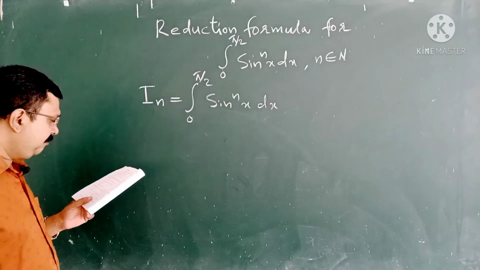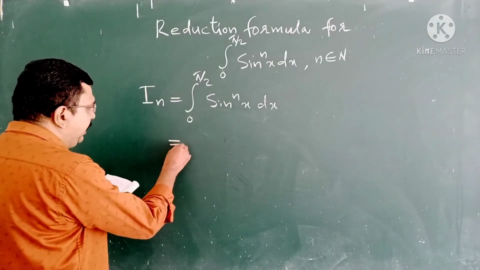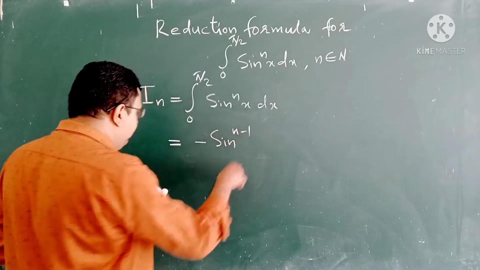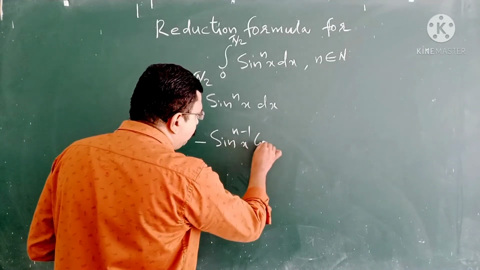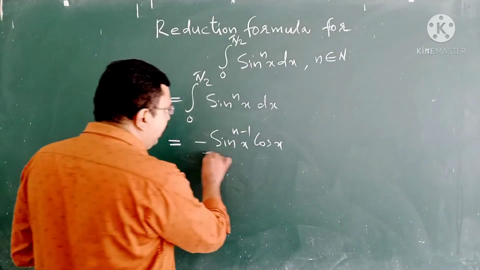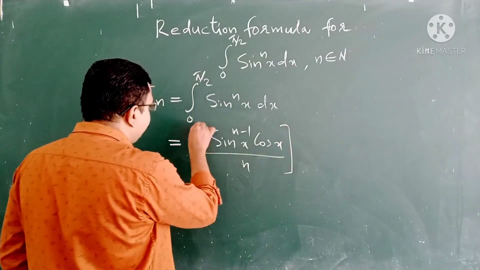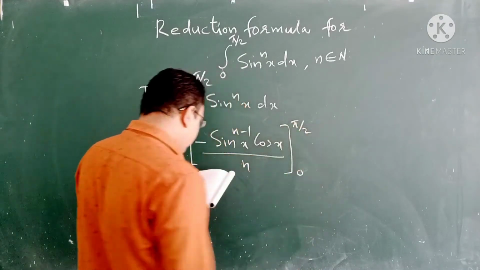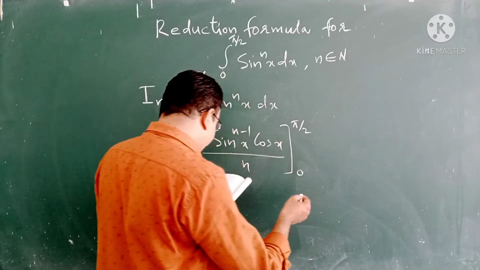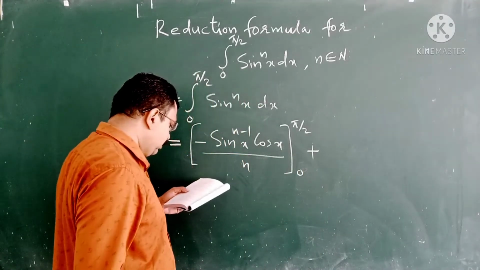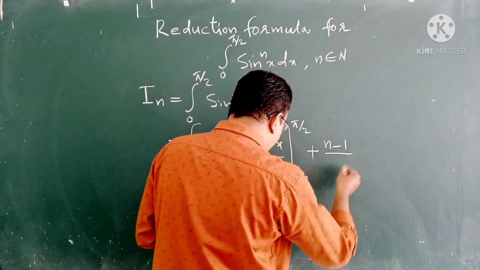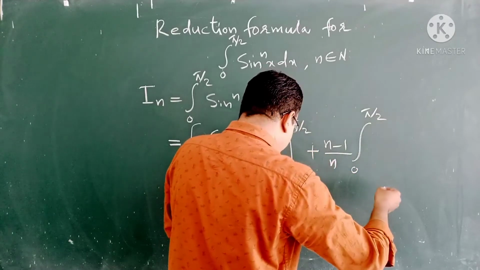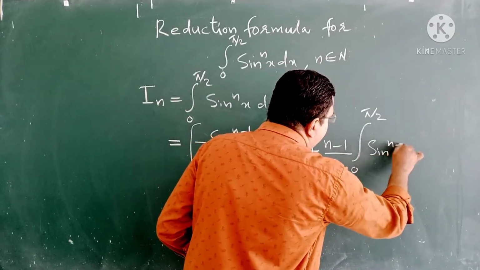Then when we integrate this, we get minus sin n minus 1 x into cos x divided by n, with the upper and lower limits 0 to pi by 2, plus the second term, n minus 1 by n integral 0 to pi by 2 sin n minus 2 x dx.